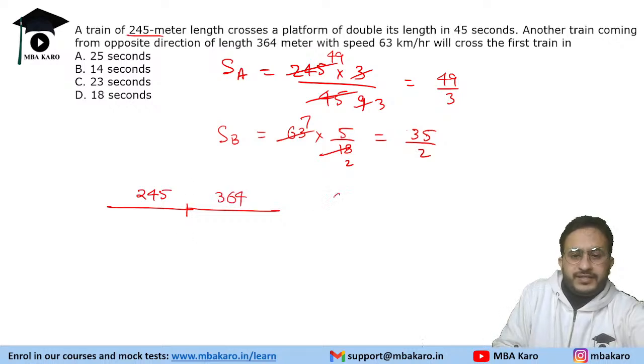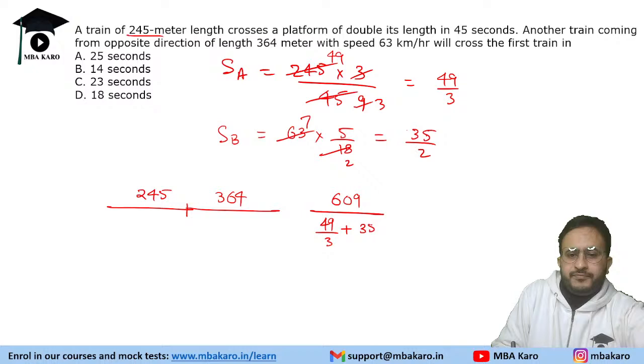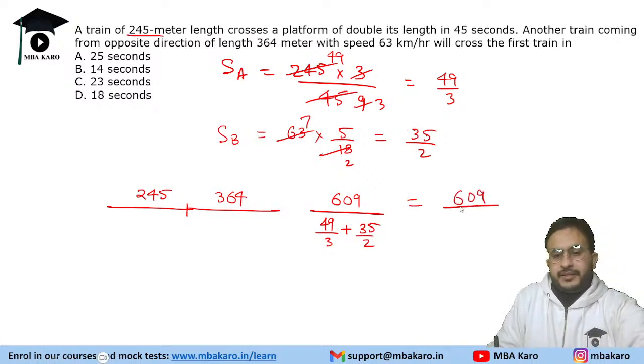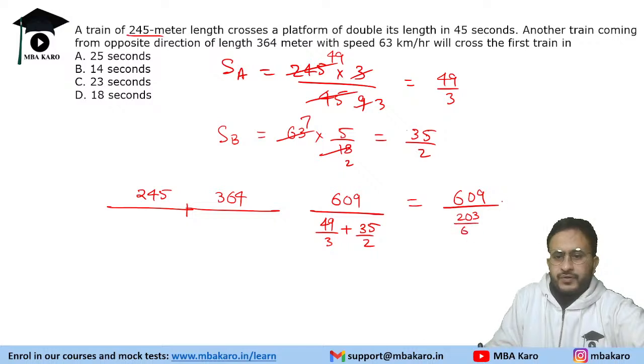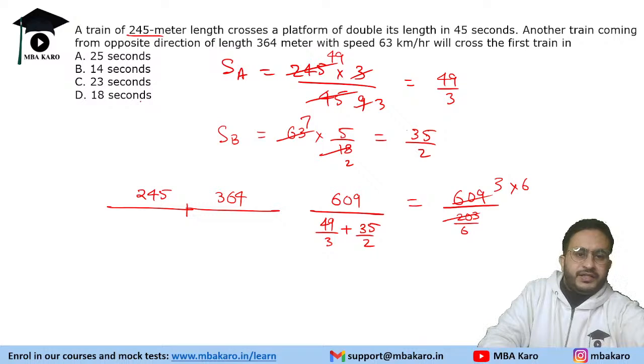So the total distance they have to cover is 609, divided by the sum of speeds, 49 by 3 plus 35 by 2. That is 609 divided by 98 plus 105, so 203 by 6. So 6 will go up, 3 into 6, that will be 18 seconds.